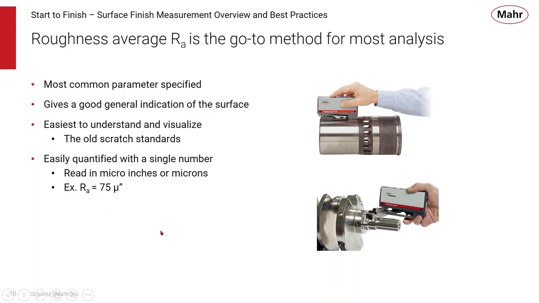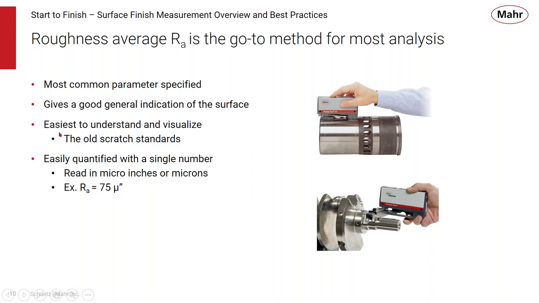It's often the most common one specified here domestically in the U.S. It gives a pretty good general indication of what the surface is. It's easy to understand, it's visible, it's better than the old scratch standards that are out there.